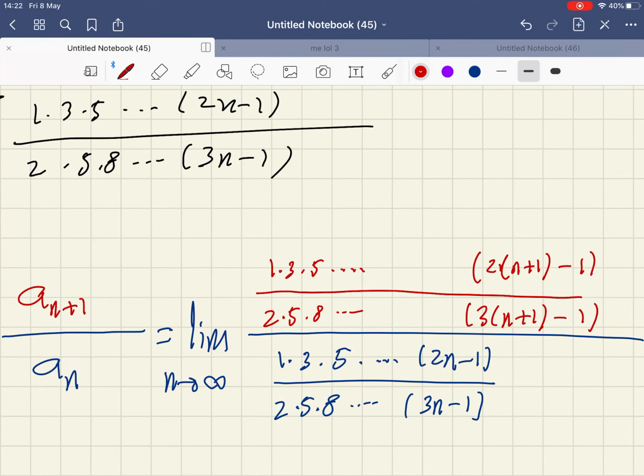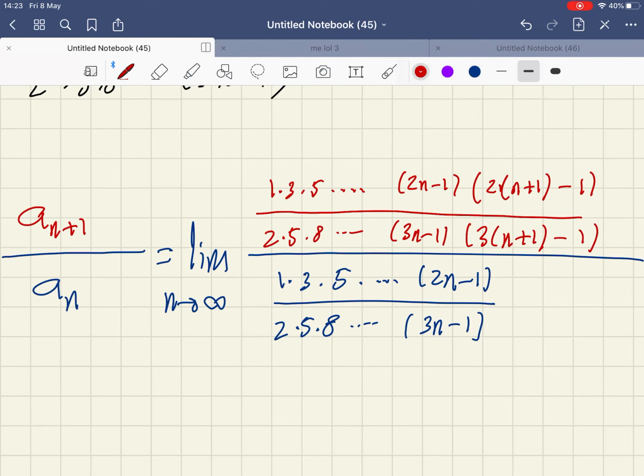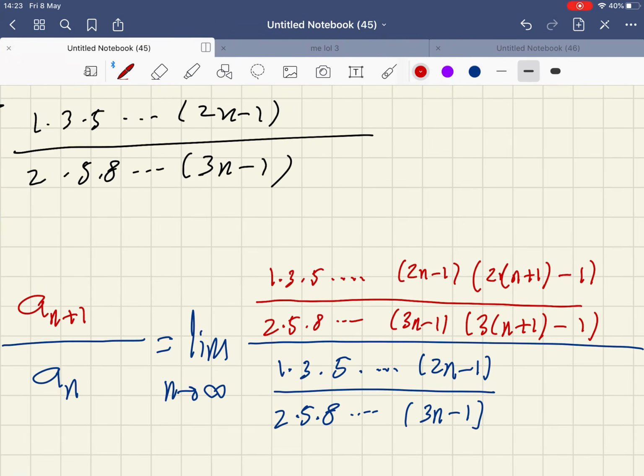Now we just need to find the term before that one. It will help me so much if I know the previous one. How do we find the previous one? If this is n plus 1, the previous one will be just n. And I think you can see now the cancellations are for free, because all I did is add extra terms.